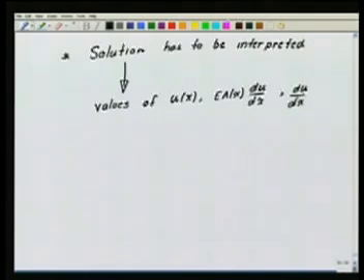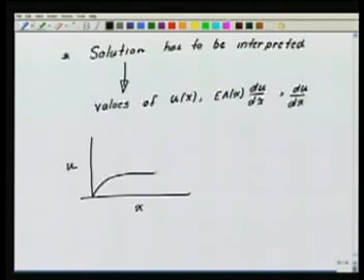So given a point, I would like these values, or I would like to have a plot of these things. So I would like to have, for example, u is there, x is here. So I would like to have a plot like this. Okay. So we would like to use our vector u to construct the solutions u or these quantities wherever I wish.